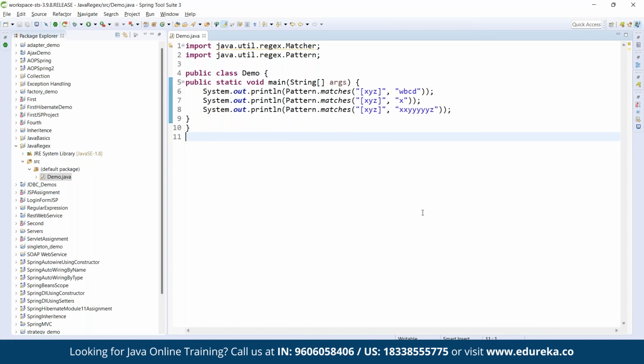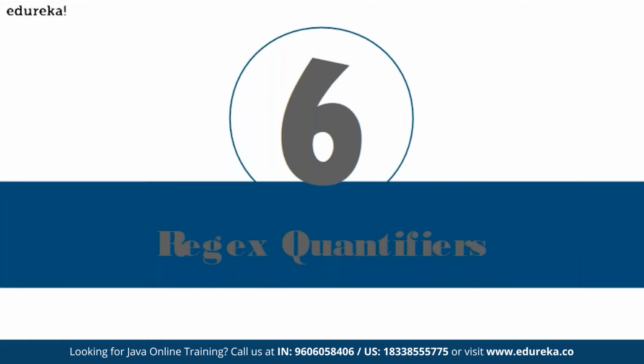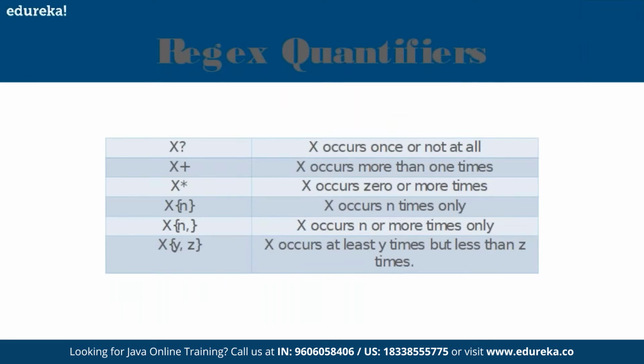Okay, now we are going to understand the quantifiers. What are regular expression quantifiers? The quantifiers specify the number of occurrences of a character. Here, X question mark means X occurs once or not at all.